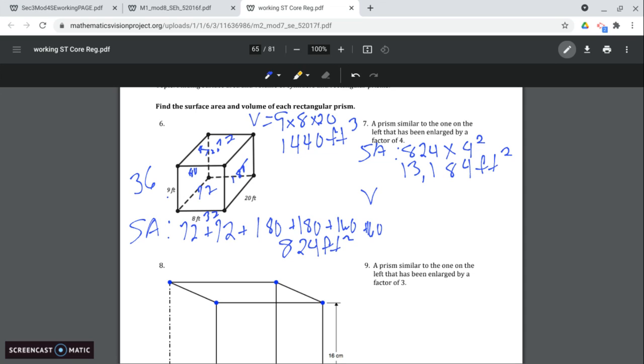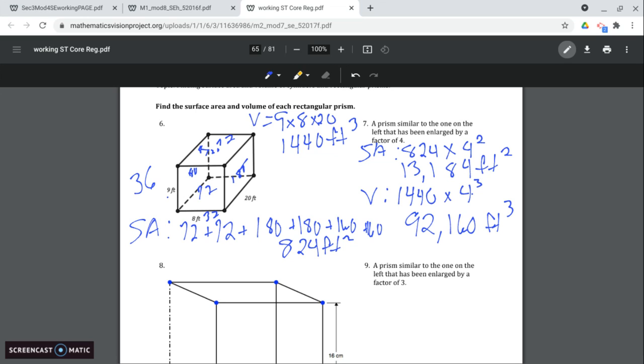Now, for volume, you're dealing with a cubic unit. So we're going to multiply by 4 cubed. So we're taking the 4 cubed, which is 64, and we're going to multiply it to our 1,440, and we find that that's 92,160 feet cubed.